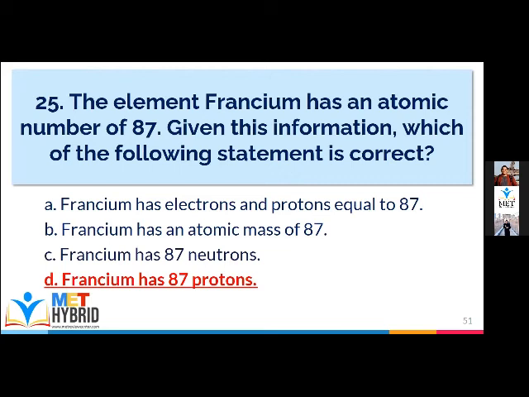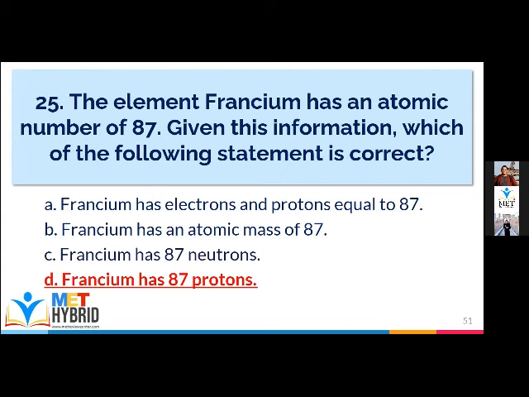Okay? Take note, this is a normal or undecayed francium element. So in a stable element, the atomic number is always equal to the number of protons, and the number of protons is also equal to the number of electrons. So A is wrong because it says that electrons plus protons is equal to 87.